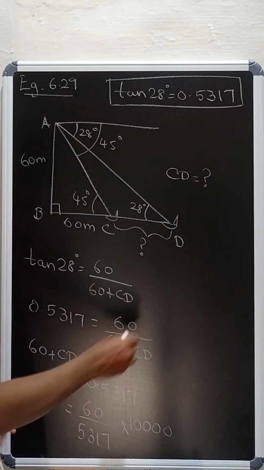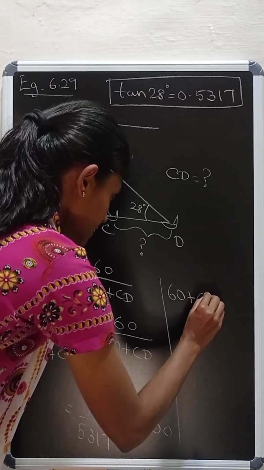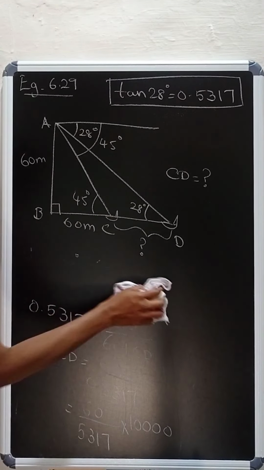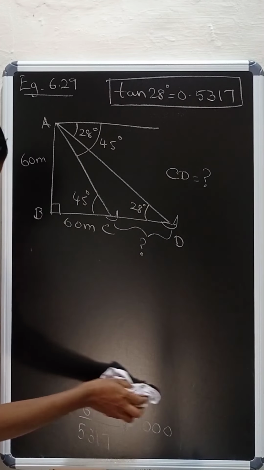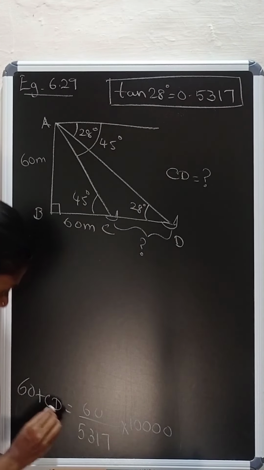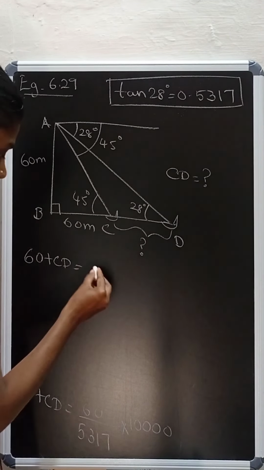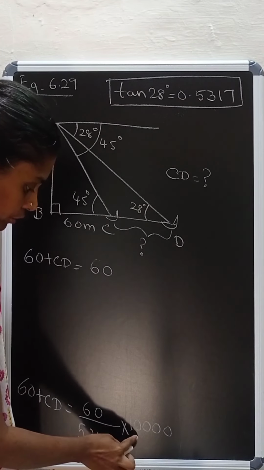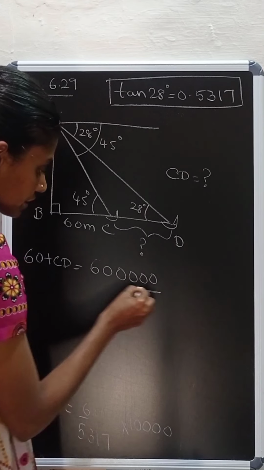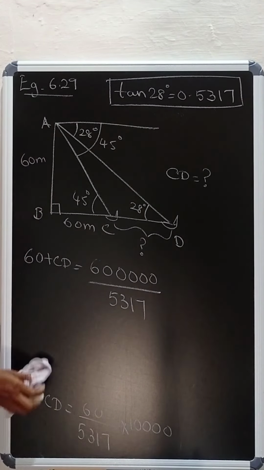So 60 plus CD is 600000 divided by 5317.